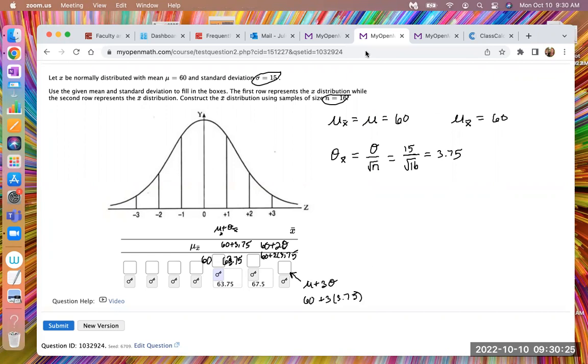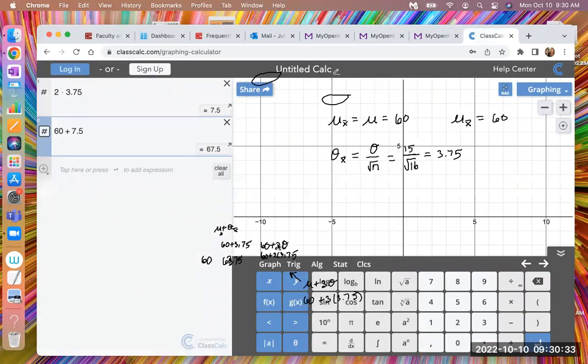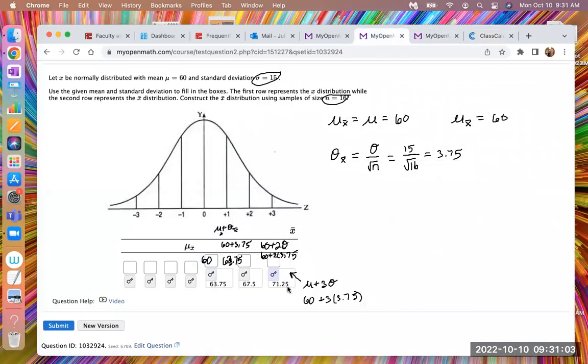So again I go back to my calculator and do 60 plus 3 times, in parentheses, 3.75, and that gives me 71.25. So we get 71.25 for that next one.